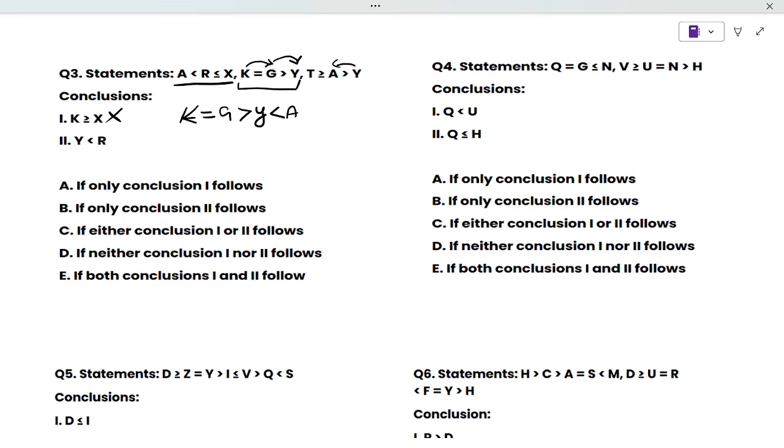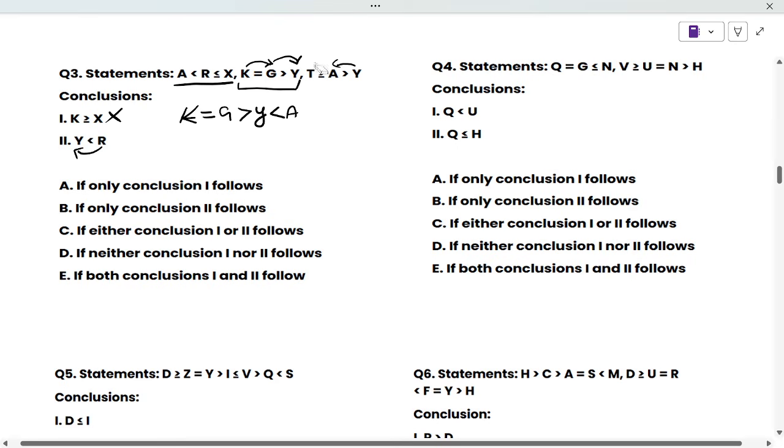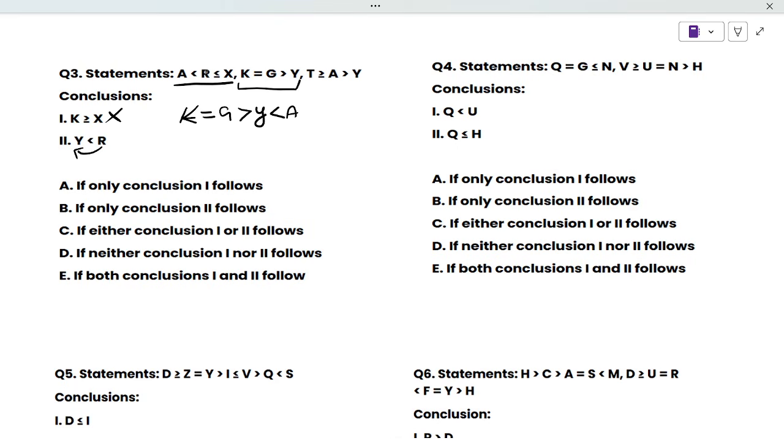Next one. R is greater than y, r is greater than y is given. So we have to check whether a path exists from r to y. First r to x is not needed, but r to a is needed. That means r is greater than a.